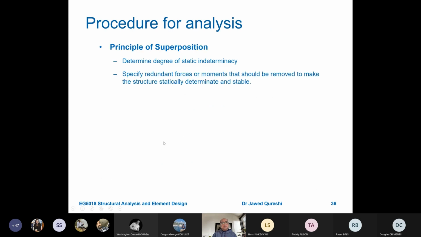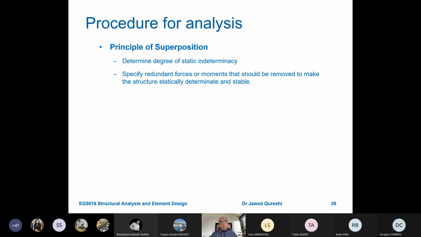Then it comes to principle of superposition. So what do we do? Firstly, we determine SI, static indeterminacy, and then we specify which forces or redundants need to be removed so that the structure is statically determinate and stable. If SI is equal to 4, then you have to remove 4 members, but the structure has to be stable and determinate.